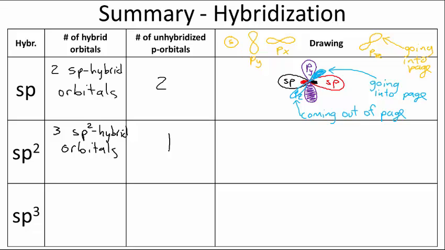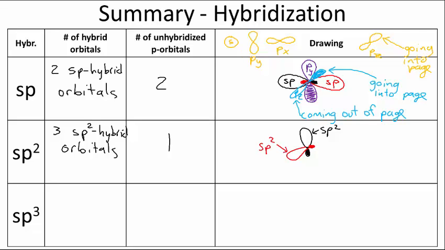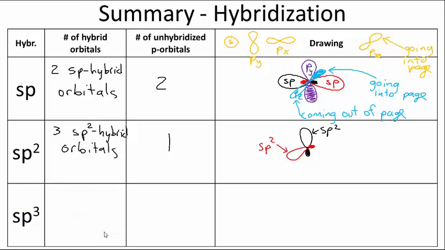So, in this case, my hybrid orbitals would point in a triangle. So there's one sp2. Here's my second sp2. And here's my third sp2.